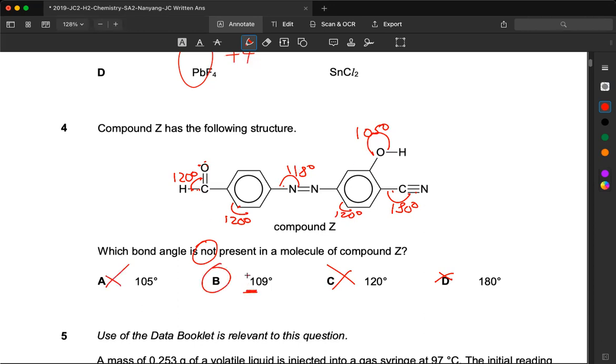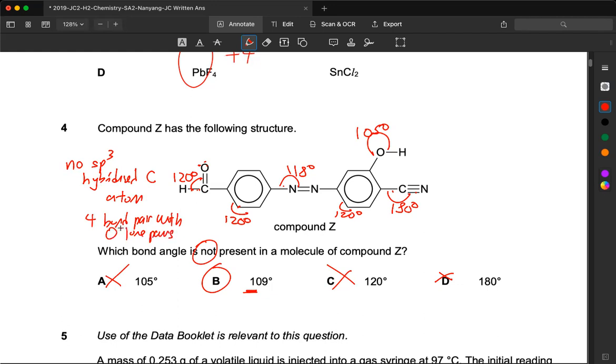What is the shortcut to this? As you can see in the structure, there is no sp3 hybridized carbon atom at all. Look carefully. To have an sp3 hybridized carbon, there must be 4 bond pairs with 0 lone pairs.